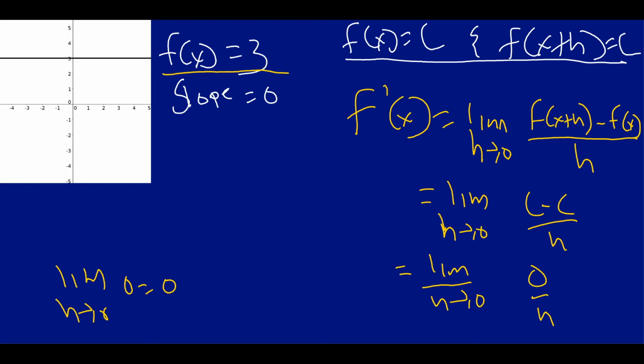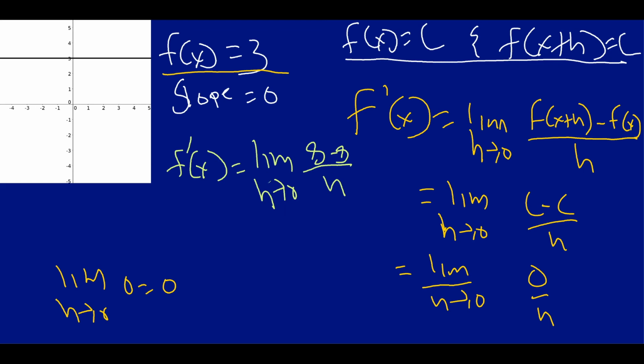But for those of you who struggle with this, I'm just going to roll it out for you real quick. The derivative of f of x, f prime of x, equals 3 is going to be as follows. It's going to equal the limit of h approaching 0, but this time instead of c, we're going to have 3 minus 3 over h.